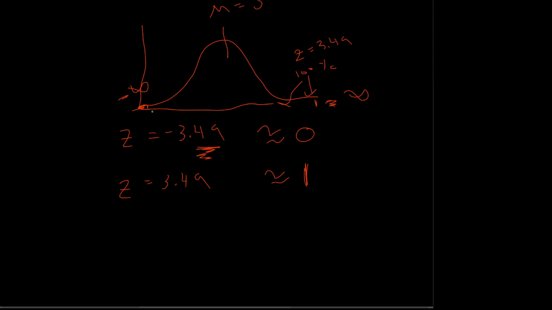The cumulative area increases: from negative 3.49 up to 0, it goes from 0 to 50% of our stuff, and we work all our way up to 100%. What we want to be able to do is find the cumulative area that corresponds with the z-score. In the next video, we're going to use the tables in the book to look up cumulative areas, and use our calculator to work with cumulative areas. This is the standard normal curve.